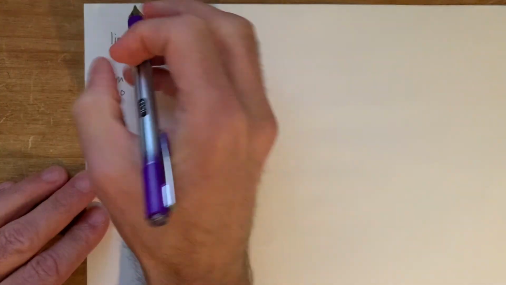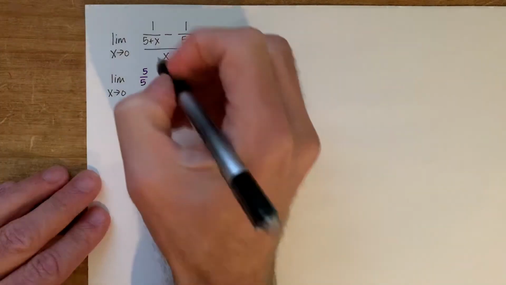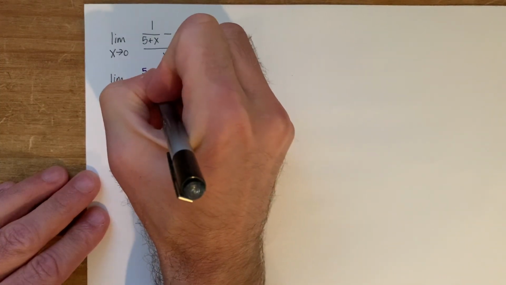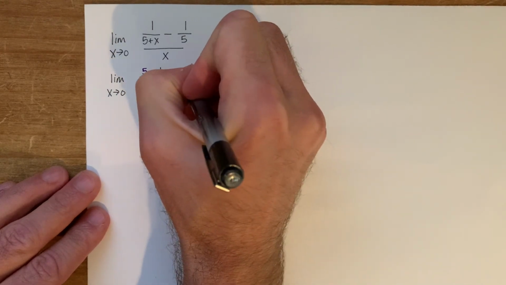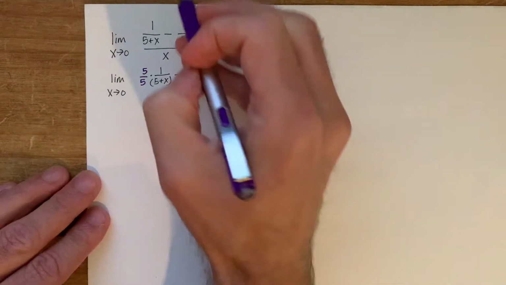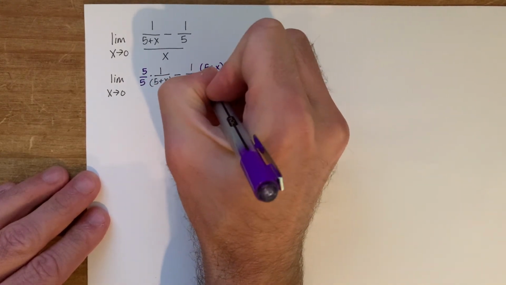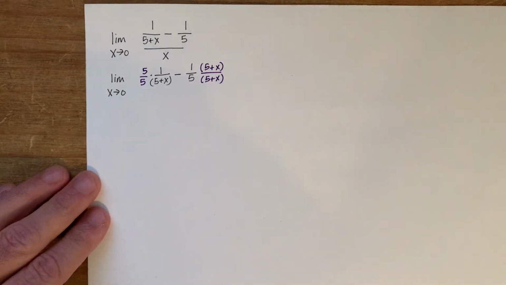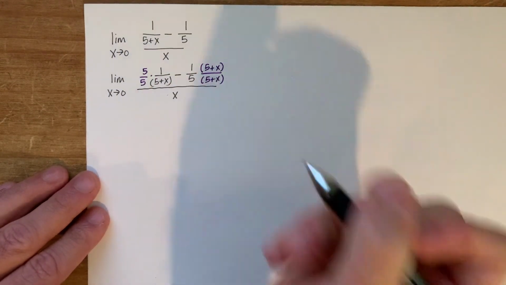So to get a common denominator in the top part of this fraction, I'm going to multiply here by 5 over 5. And I'm going to multiply my second fraction by 5 plus x over 5 plus x. I still have a denominator of x.